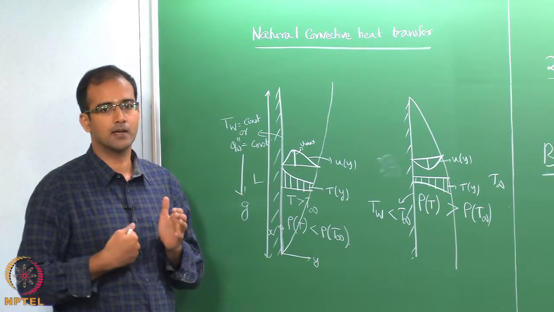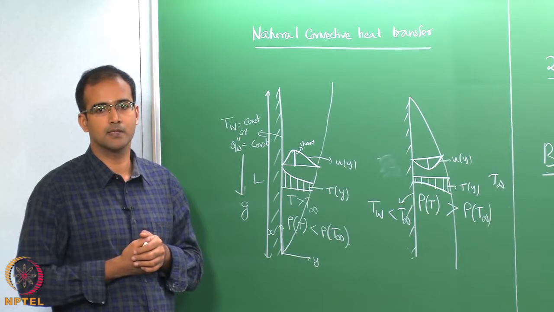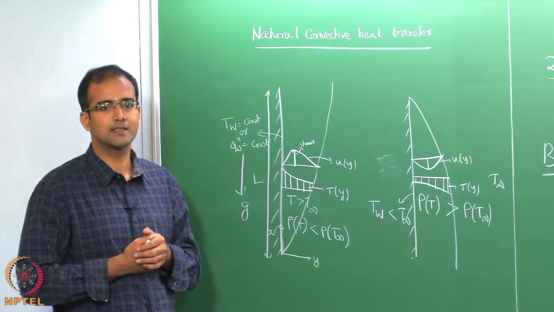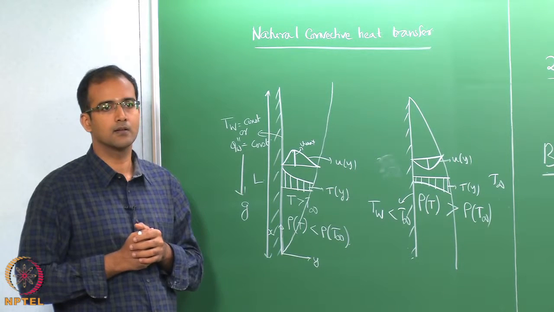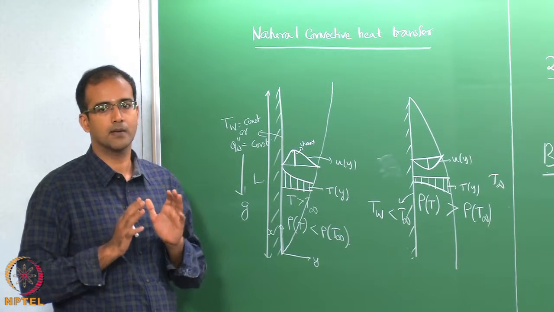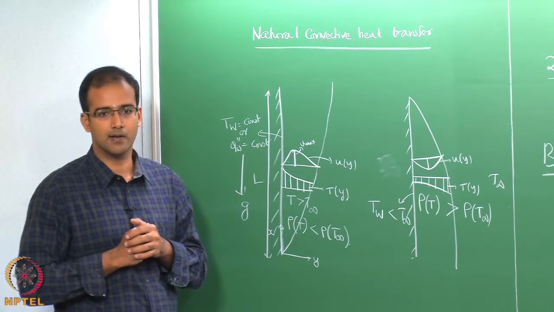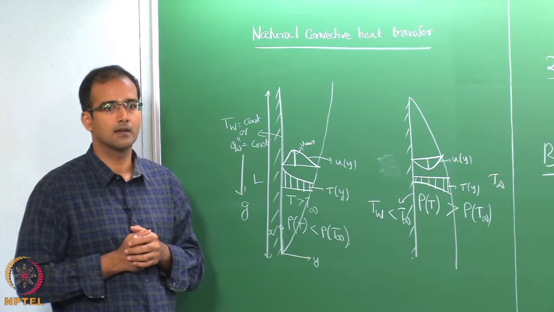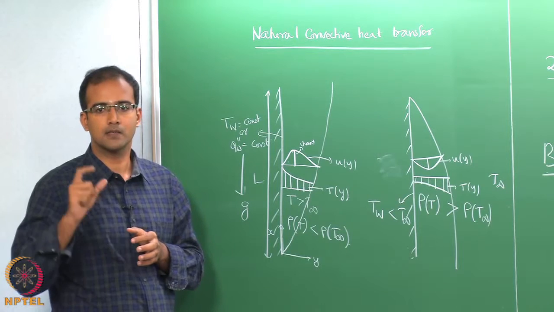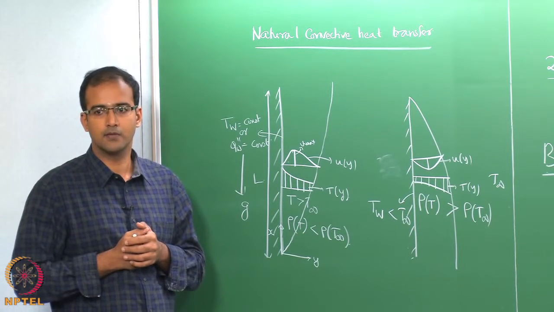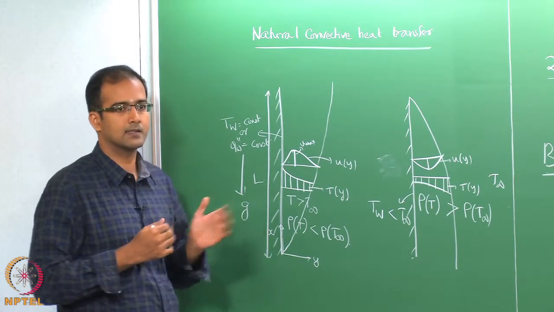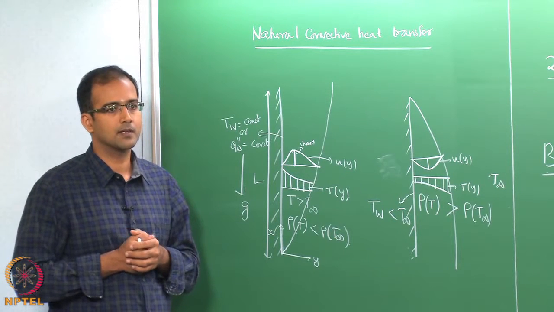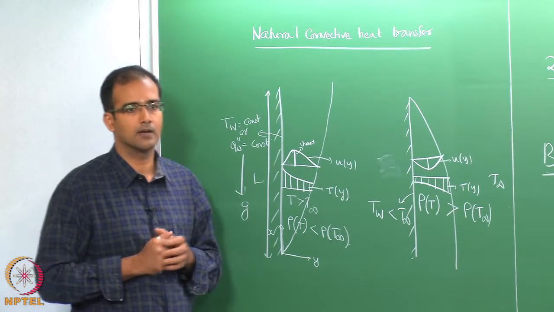Except for the body force term, it is reasonably good enough to approximate the density to be a constant everywhere else in the equations, provided the temperature differences are small enough. If the temperature differences are very large, even the Boussinesq approximation will not hold valid.